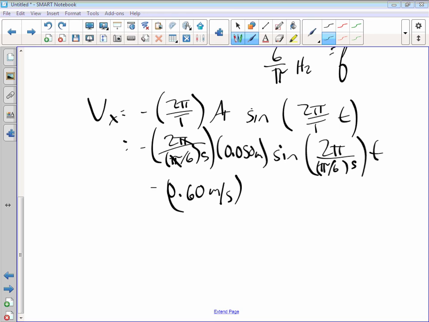As far as all the sine stuff, a similar thing happens. Cancel, cancel. 2 over something over 6. That's like having the 6 on the top. So times the sine of 12 seconds inverse, because it was on the bottom, multiplied by t.